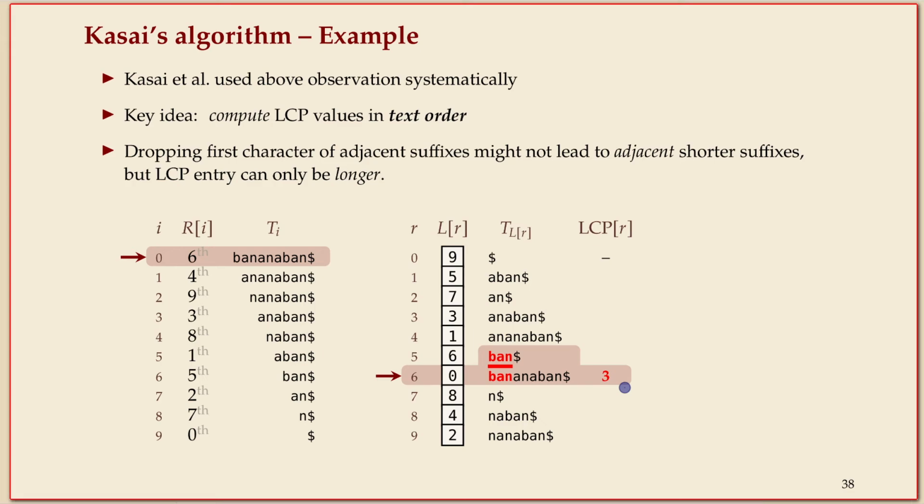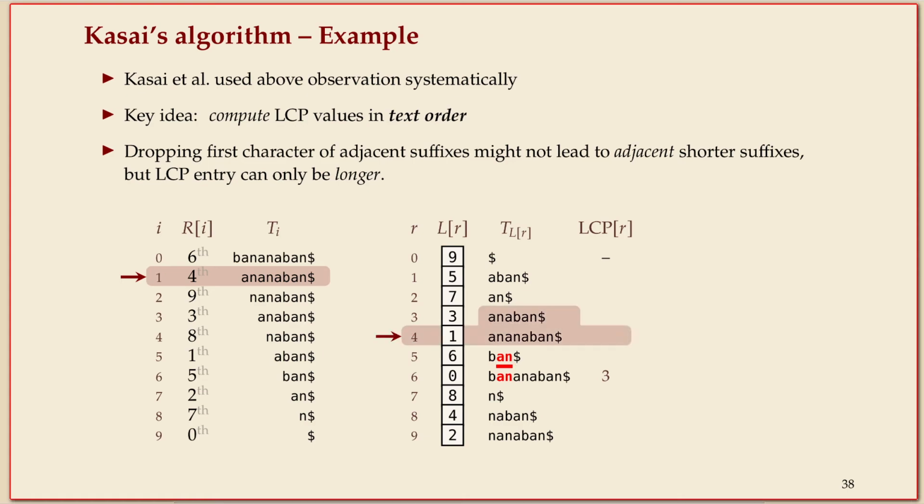So far so good, nothing smart happened. I remember though that while I will lose the first character, this AN, I will keep that in mind. If I go to the next suffix in text order, it will start with AN. It has to, because I know the previous one started with BAN.